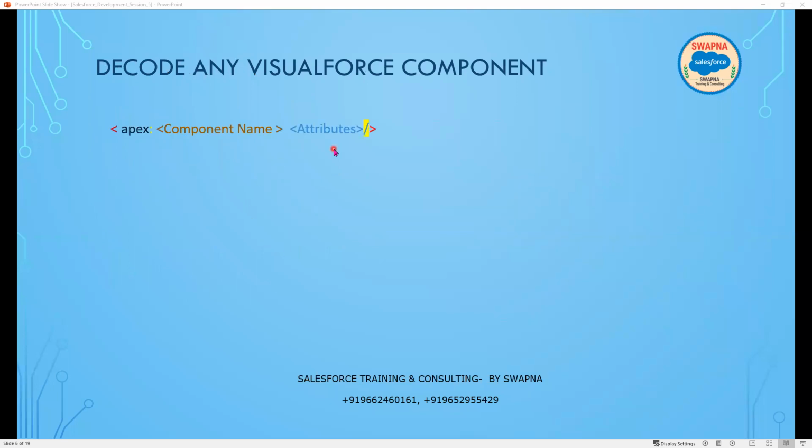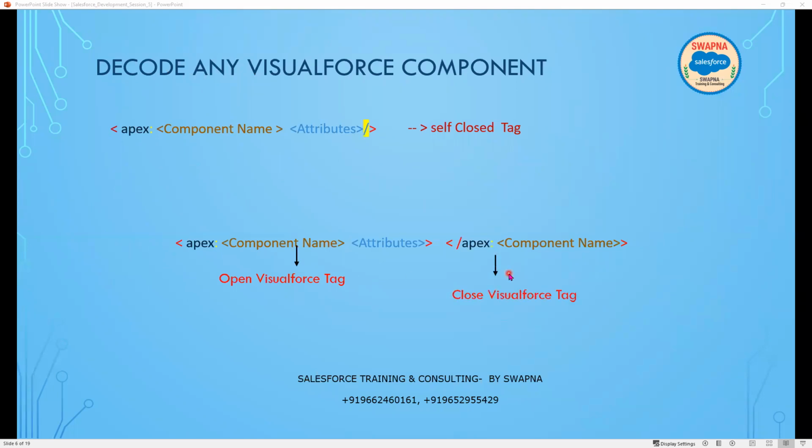One is self-closed, which is apex colon component name attributes. The second is an open VisualForce tag and then a closed VisualForce tag. Whether it is self-closed or open and close, before the colon it is always called the prefix namespace.